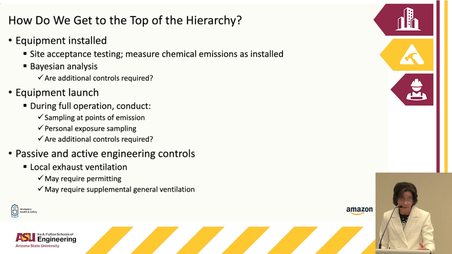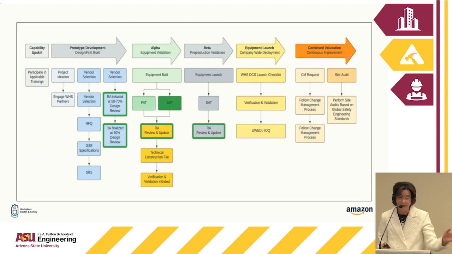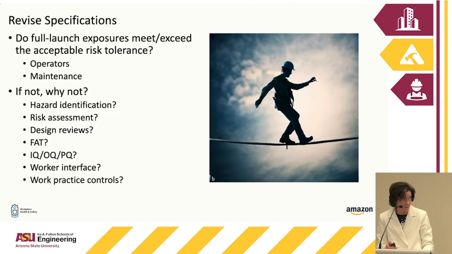And then the passive and active engineering controls, the local exhaust ventilation system, it may require permitting and general ventilation. And this is just a high-level overview of the process. You can see that each one of these blocks has a much bigger group of activities that need to be conducted. But this is exactly what we then try to follow when we're designing new pieces of equipment.